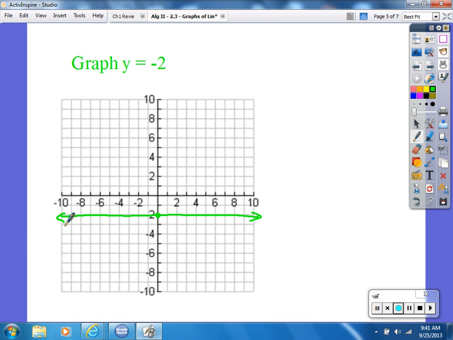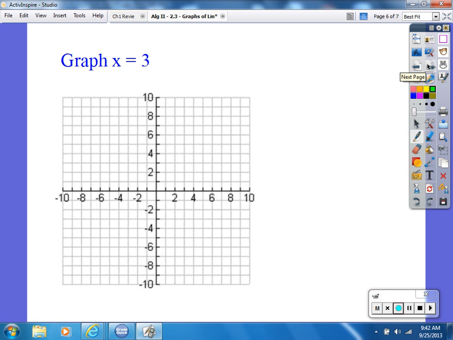All right, Caleb, I've got a key question for you. According to HO, the slope of the line I showed you right here is zero. Perfect. Make sense? Okay, let's try another one.